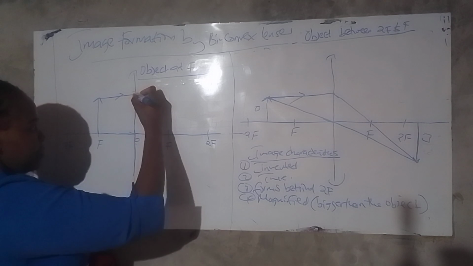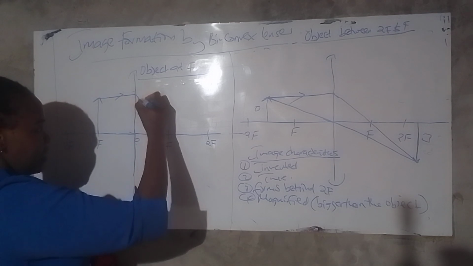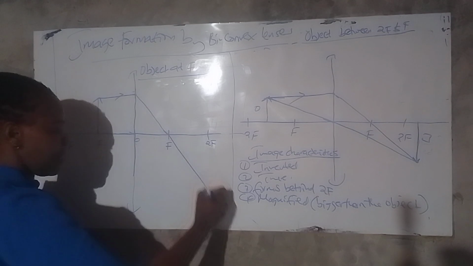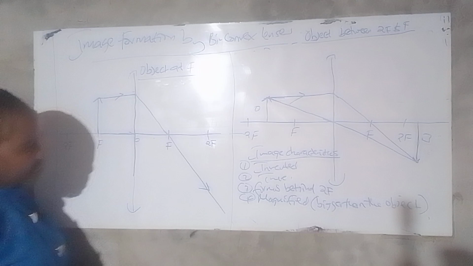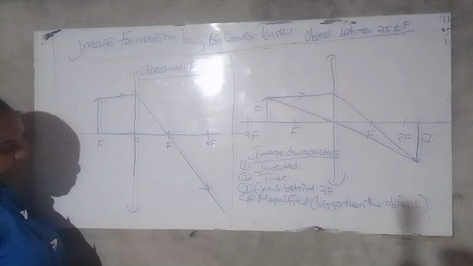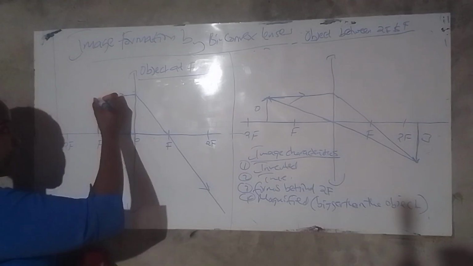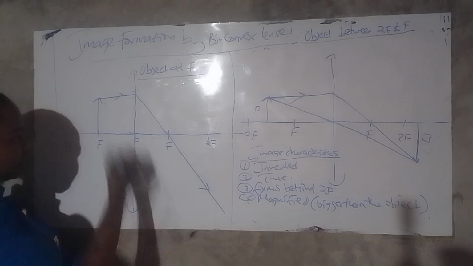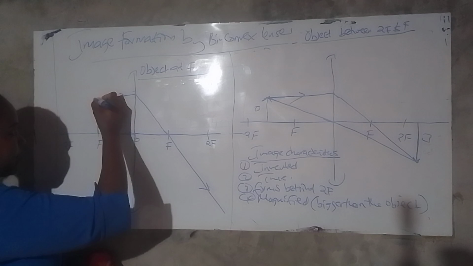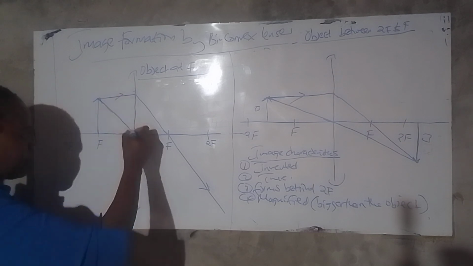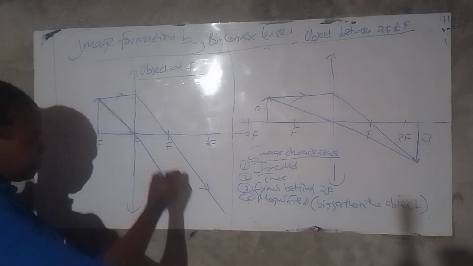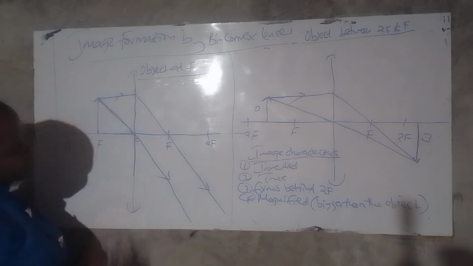So after refraction by the lens, that ray should pass through the principal focus, like that. Now the other ray should pass through the optical center, and that ray should pass undeviated. Those are the two rays.